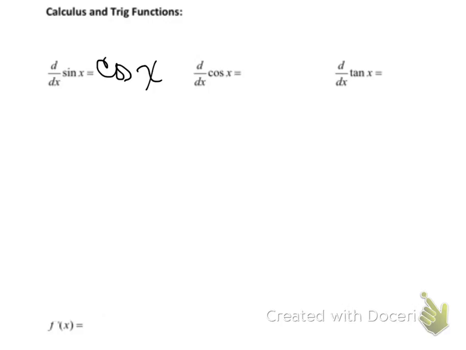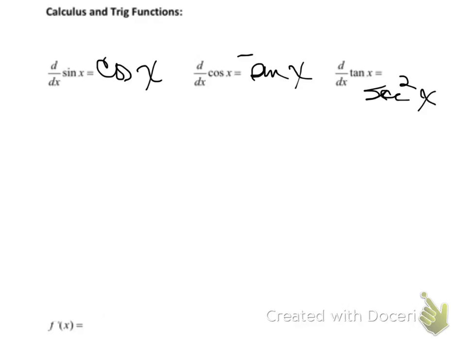The derivative with respect to x of cosine of x is going to be negative sine x. And the derivative with respect to x of tan x is going to be secant squared x. All right, so you need to memorize those.